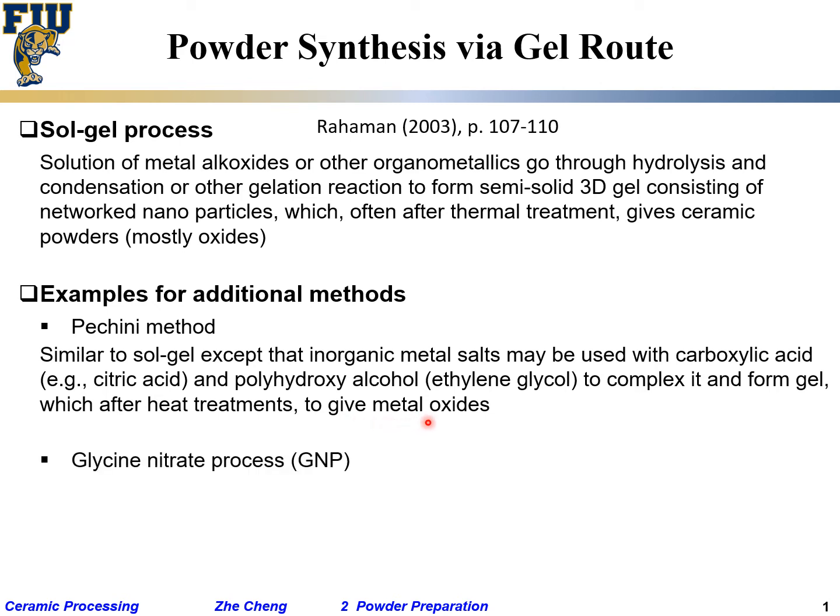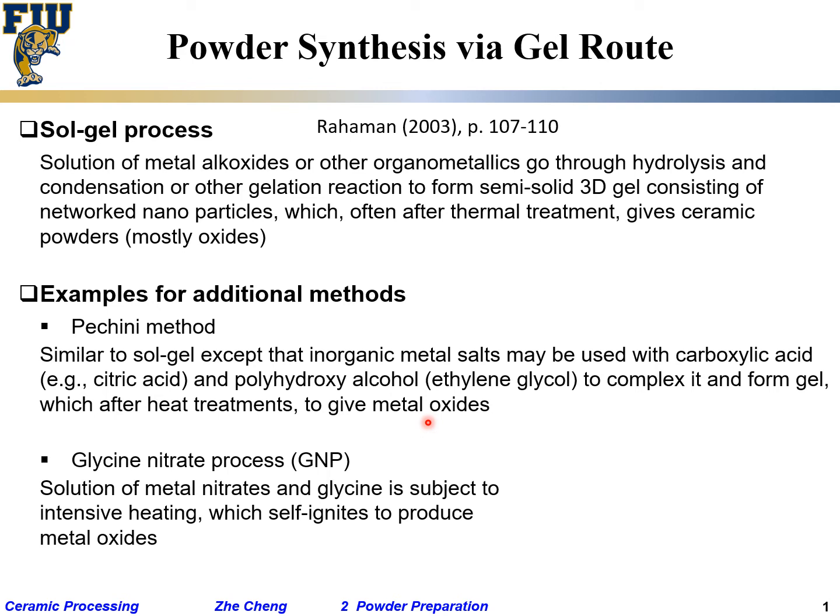Okay, the glycine nitrate process. It's related to this gel, but it goes through combustion. A solution of metal nitrate, NO3, with glycine, a very small molecule that contains nitrogen, hydrogen, carbon, oxygen.